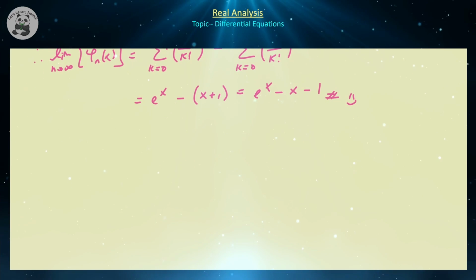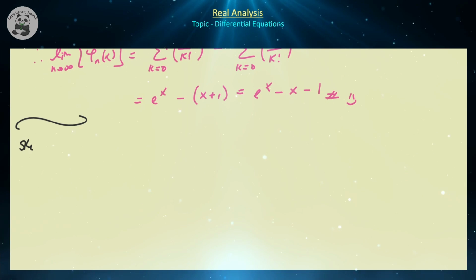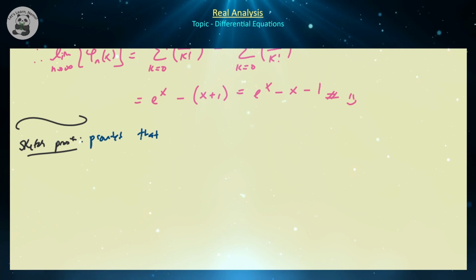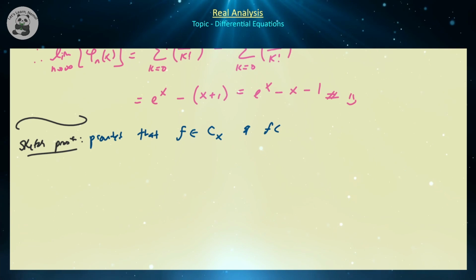So let's do a quick sketch of how the proof of the Picard-Lindelof theorem actually goes, right? So provided that f is continuous in x, and also that f is Lipschitz continuous in y.